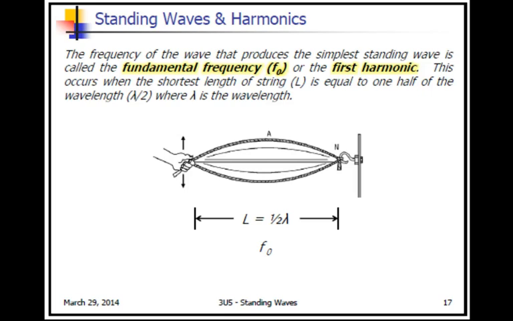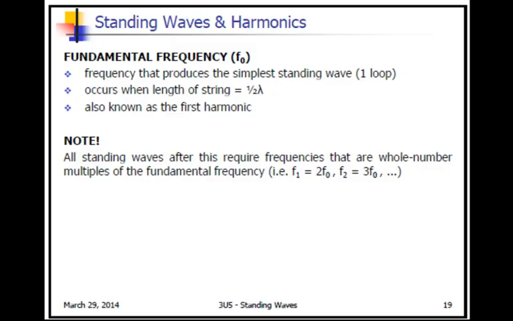That picture shows visually what we're talking about there, where L is half the wavelength, and that is also represented by f0. So the fundamental frequency is the frequency that produces the simplest standing wave. It's one loop. It occurs when the length of the string is half lambda. It's also known as the first harmonic.